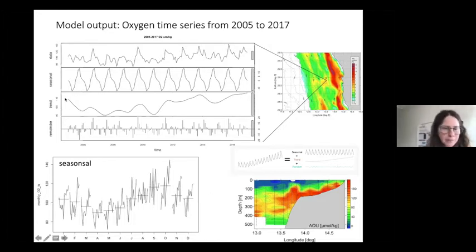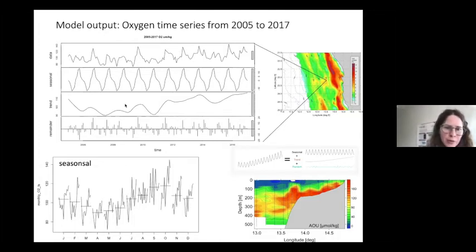This is not an absolute trend line, but relative, and I'm not showing the total trend, but in general it seems that dissolved oxygen is increasing in this time span.